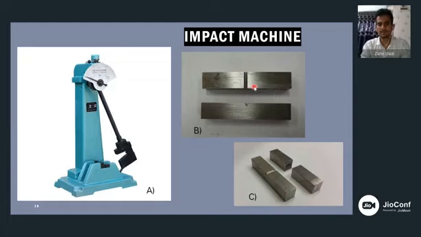This specimen can be tested at different temperatures: ambient temperature, minus degree temperature, or 0 degree temperature. Depending upon the application, we choose the temperature and specimen size to check the impact energy, the absorbing energy of the particular sample and material. So let's see how it is done.